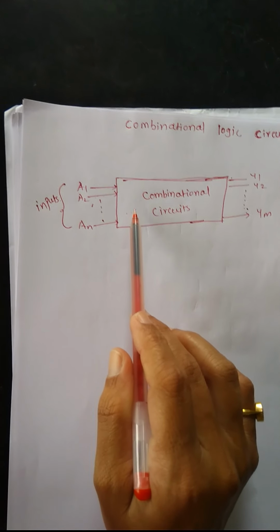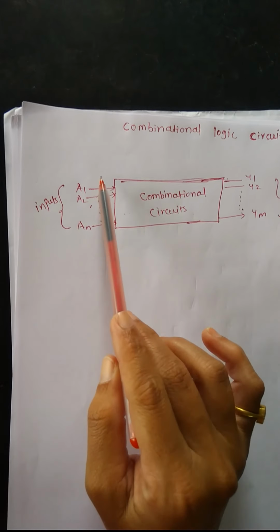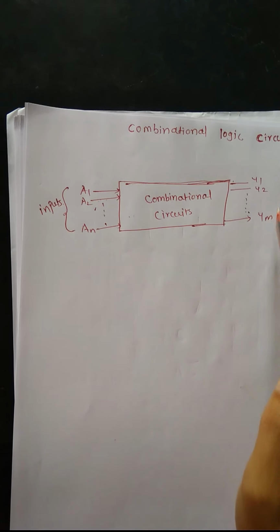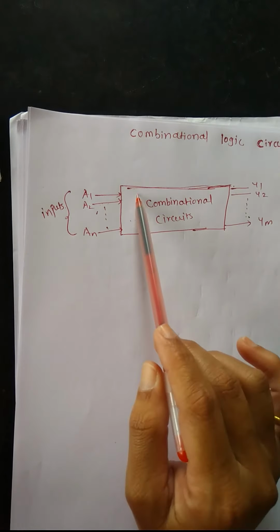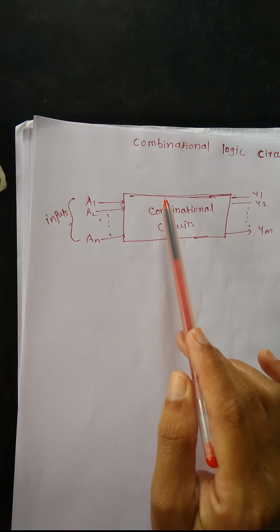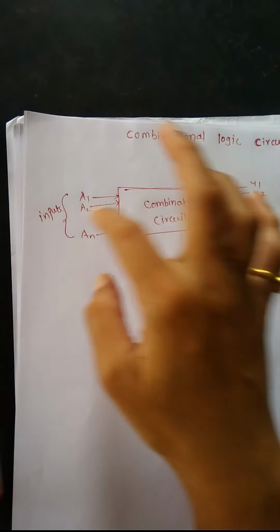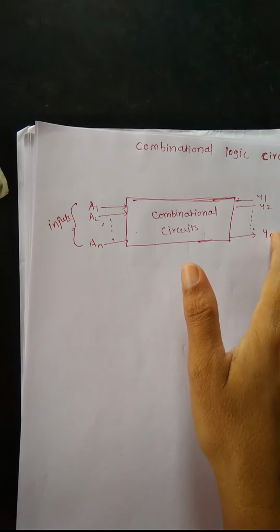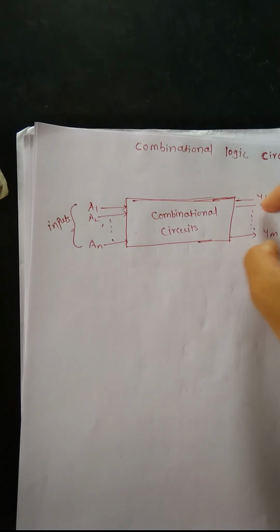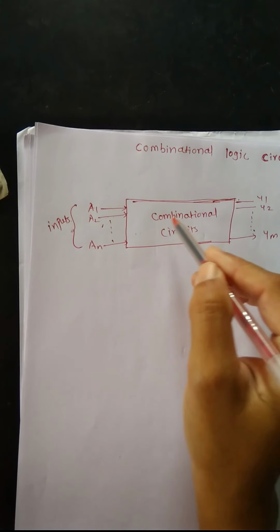In this block diagram, a combinational circuit has n number of inputs and m number of outputs, and this circuit is made up of logic gates. These logic gates are connected suitably between the inputs and outputs, and the combinational circuit operates in 3 steps.